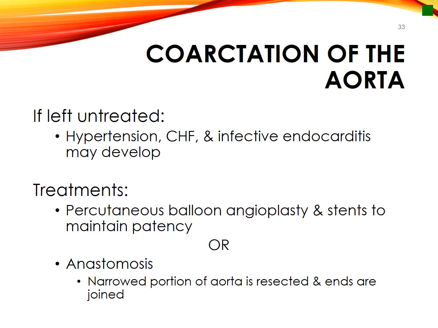For treatments, they might go in with a percutaneous balloon angioplasty and open up that constricted part. Or they can cut the two portions and then re-anastomose the areas. So it's really going to depend. Treatment is very dependent on the type and severity of the defect. It may be something that they just watch for a while, or it may be something that they need to go in and fix very quickly.